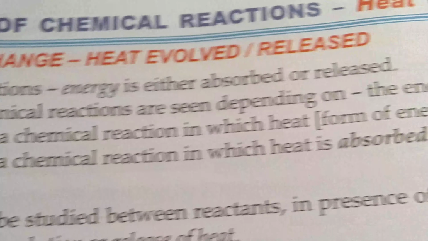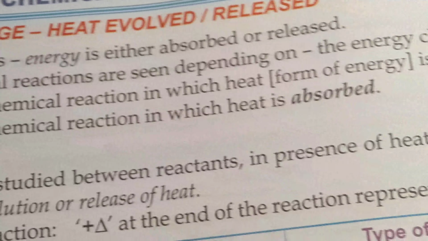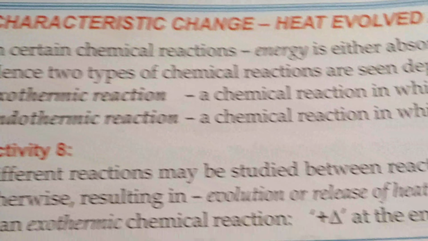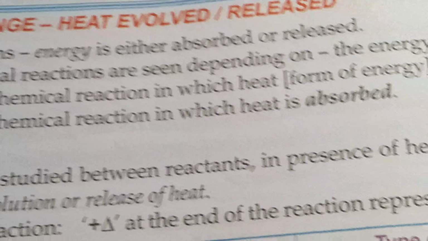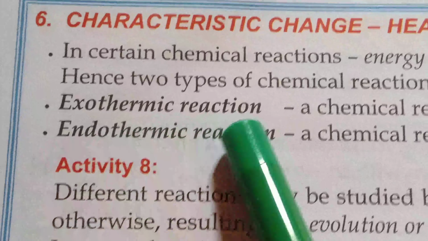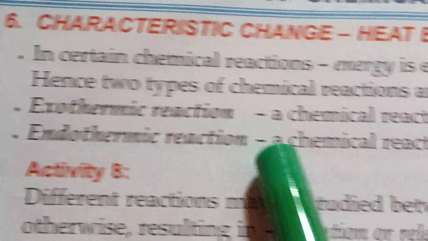A chemical reaction in which heat is evolved, sorry, released, is exothermic, whereas in an endothermic reaction heat is absorbed. Where heat is released, that is an exothermic reaction, whereas where heat is absorbed or required, that is an endothermic reaction.